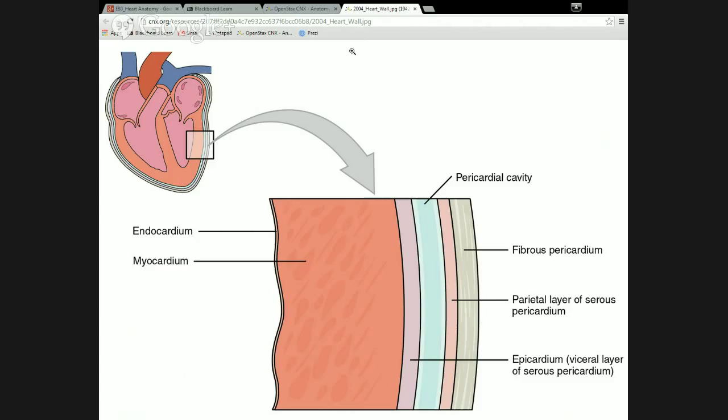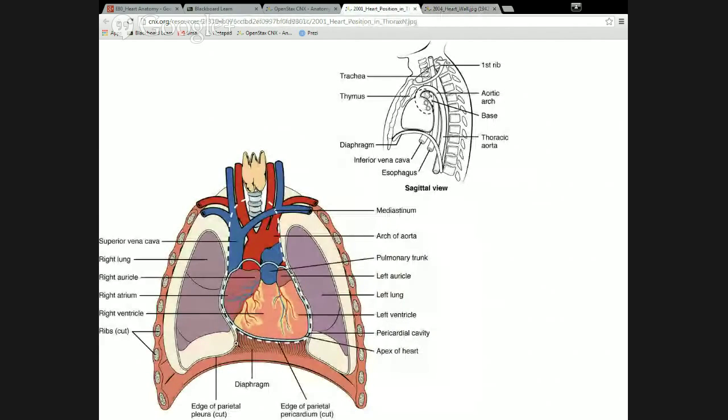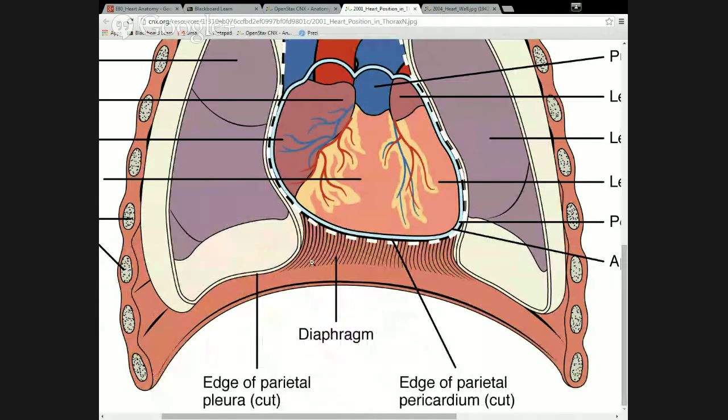The picture I was showing you a second ago, down at the bottom where the heart kind of runs up against the diaphragm here, all of these little lines are actually suggesting some of that fibrous pericardium acting again as an anchor to hold the whole heart in place. They don't quite point out that way or label it that way, but that's really where all these lines are. There's all this fibrous tissue that's the fibrous pericardium as it's attaching to the diaphragm.